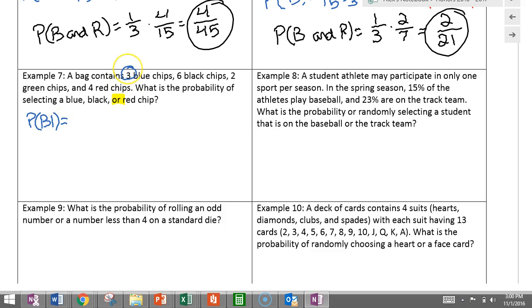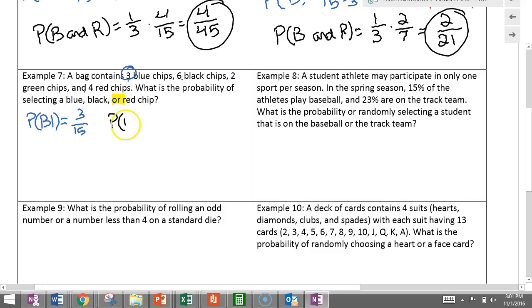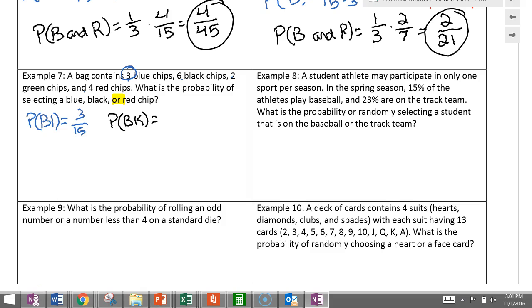Well, there are 3 blue chips. I have 3, 9, 11, 15 chips. The probability of a black chip, well, there are 6 black chips out of 15 chips.